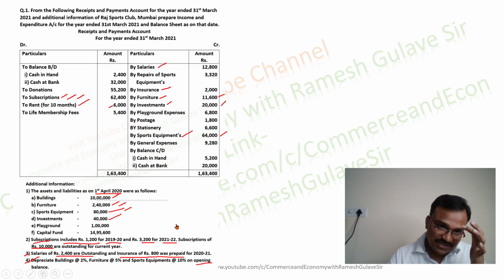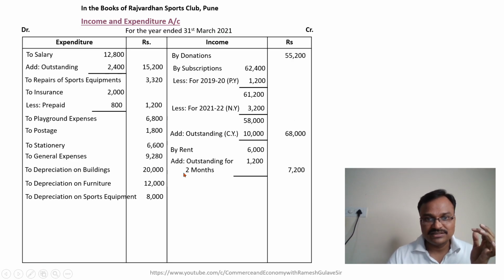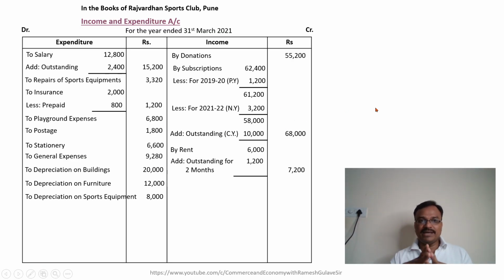Okay, now first we have to see whether there is surplus or deficit in the income and expenditure account. As we have already discussed, the income and expenditure account is like a profit and loss account, right? If income is more, there will be profit, and if income is less, there will be loss. But we don't use this word. Instead of profit we use the word surplus, and instead of loss we use the word deficit for not for profit concerns, right?